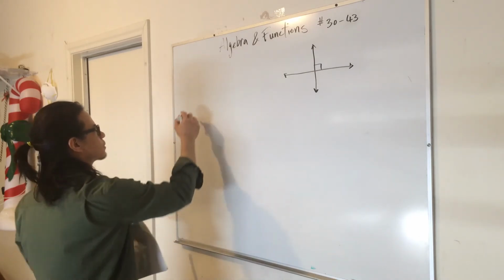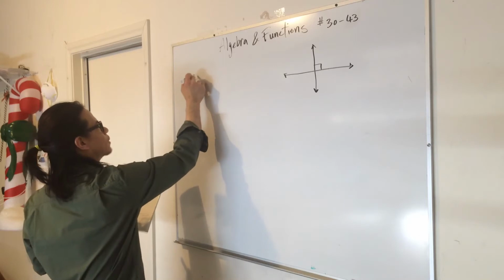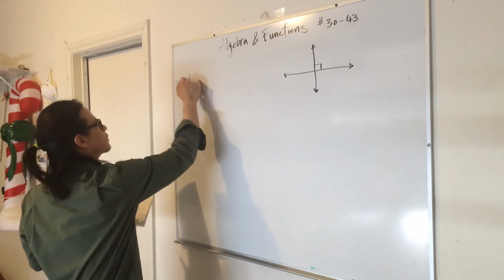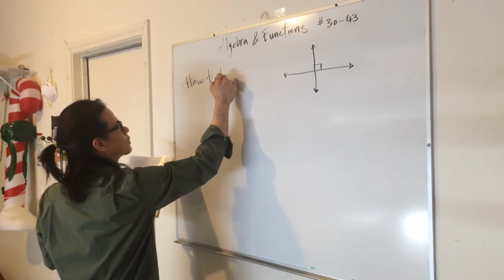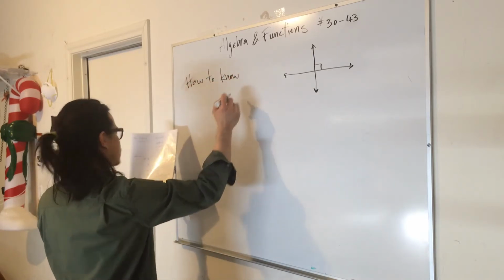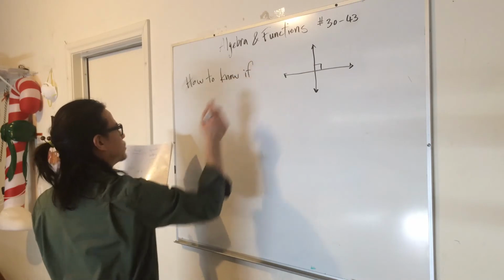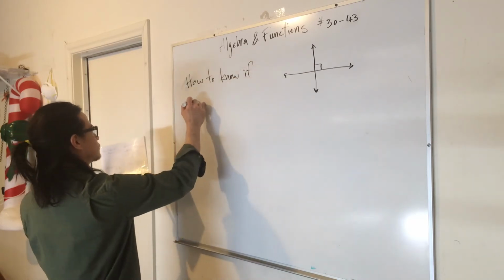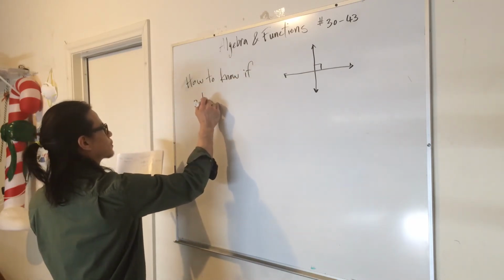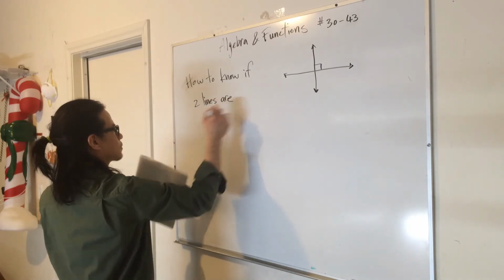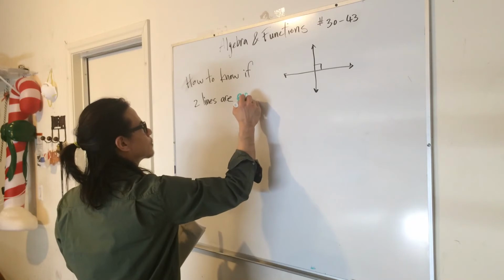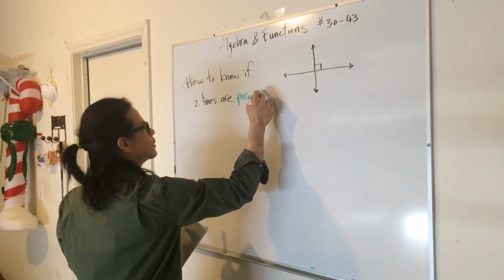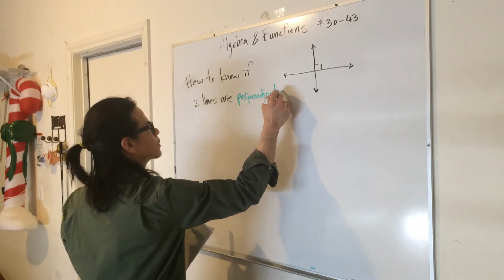So the question is, how to know if two lines are perpendicular?